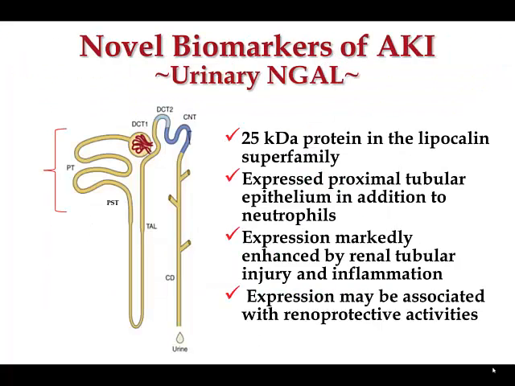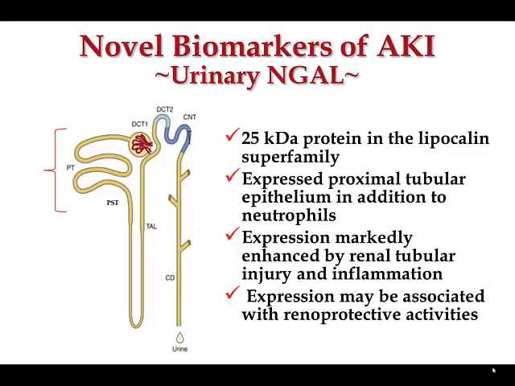Another one that we studied is urinary NGAL, and as I mentioned, this is a biomarker that is getting a lot of interest in human medicine. This is part of the lipocalin superfamily. It's a marker that's produced by proximal tubular cells, so it's produced by the cell that's of interest to us. And again, its expression is enhanced by inflammation or injury to the cells.